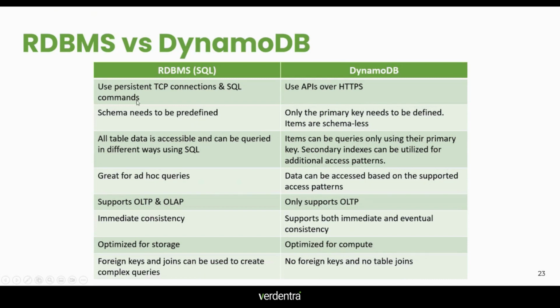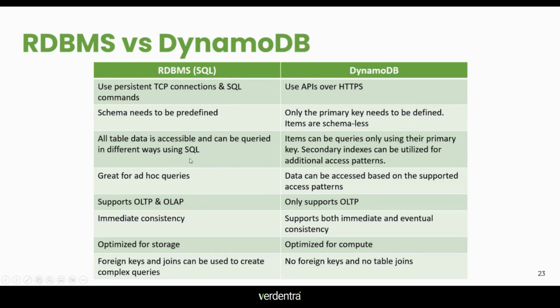Relational databases use TCP connections, which are persistent, and you can use SQL commands. DynamoDB is over HTTPS and uses API operations. In relational databases the schema is defined, but in DynamoDB you only need to define your primary key. Your items are basically schemaless. In relational databases, you can access almost all your data and query it in different ways using SQL.